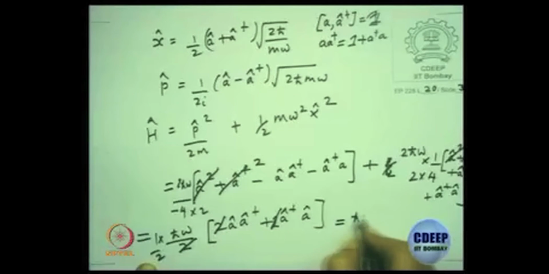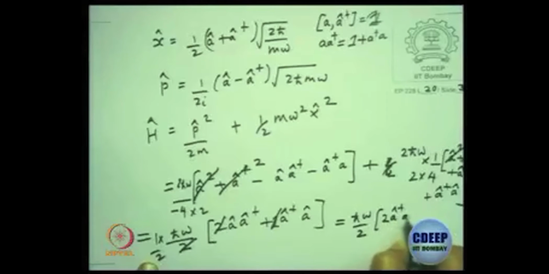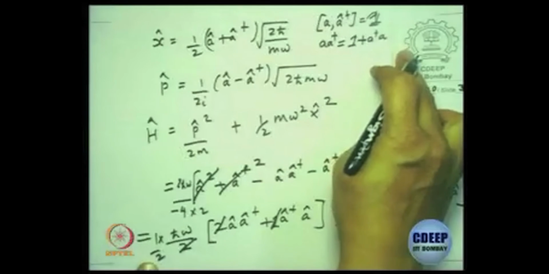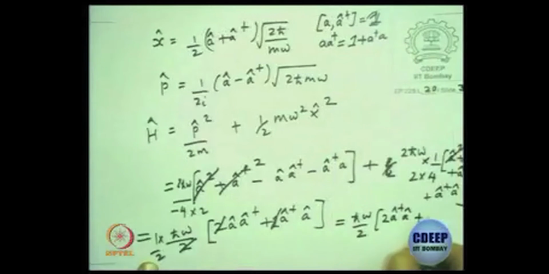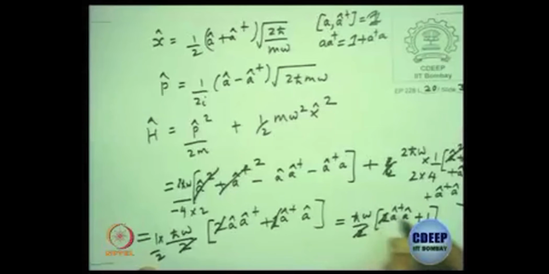This can be simplified as h cross omega by 2. There will be 2 A dagger A, because this A A dagger will have 1 plus A dagger A, and that 1 will also be added. So what happens finally? The 2 can cancel with this, but then you put a half there. So I can remove this 2, but you put a half.